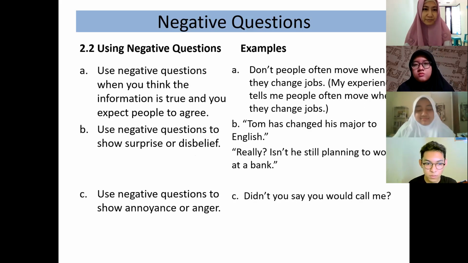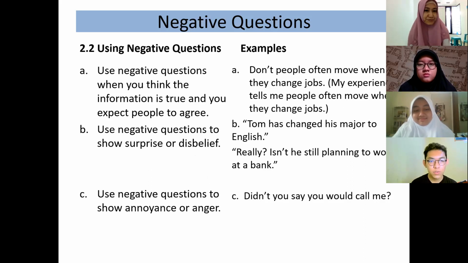Okay, next, point 2.2. Using negative questions. A. Use negative questions when you think the information is true and you expect people to agree. For example, don't people often move when they change jobs? My experience tells me people often move when they change jobs.